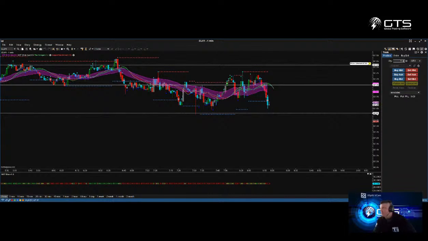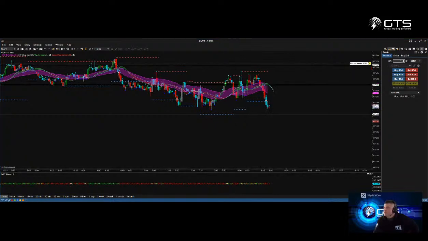So let's wait on a break of that before we go bonkers here. I will set this at that support level right there. All right, there's the opening part of it right there. Boom. All right. Looking solid. Looking solid.